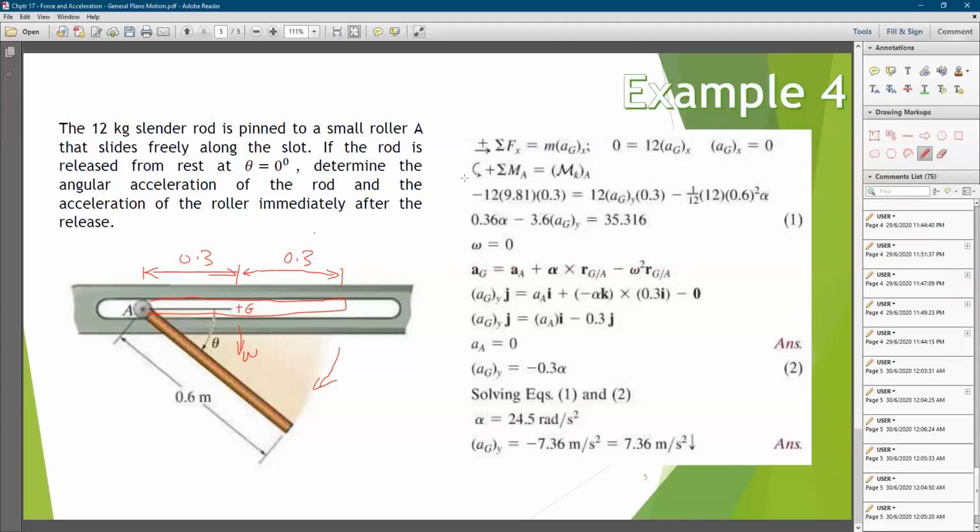Now we look into the summation of moment at point A, and counterclockwise motion is our positive direction.